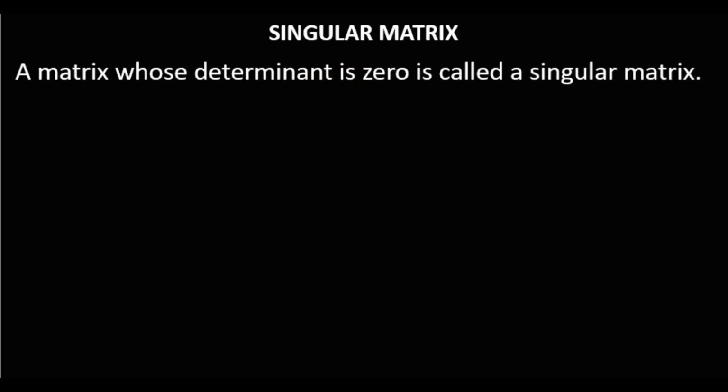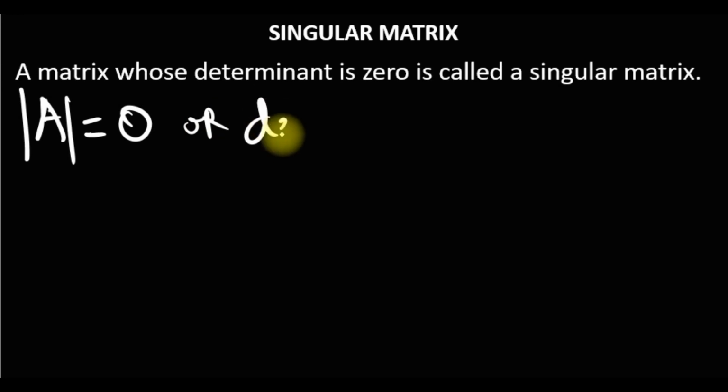So the next one, a singular matrix. A singular matrix is a matrix whose determinant is 0. Though we've not done determinants, we still do it. If you have a matrix A, we denote the determinant as |A|, or det A. Whenever you see det A, it means the determinant of A is 0.